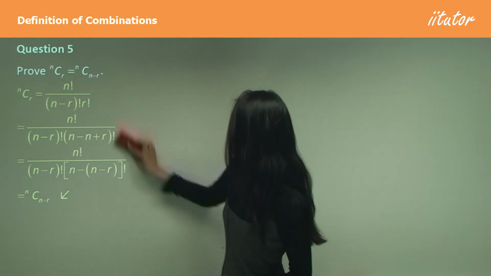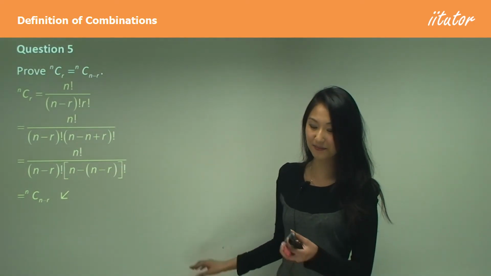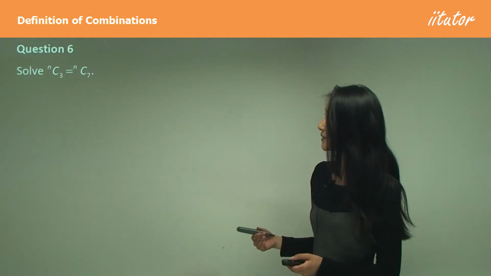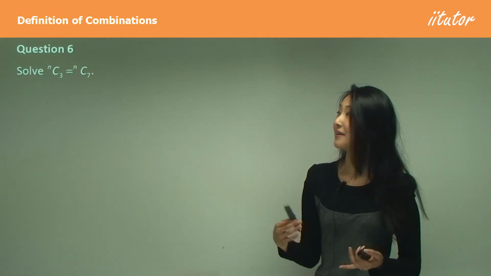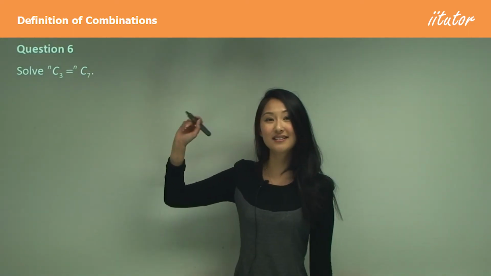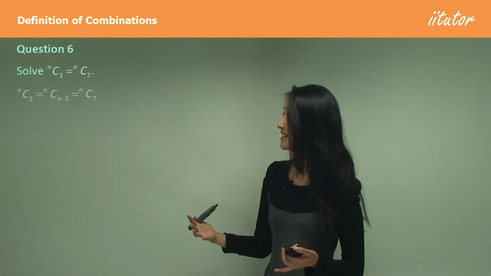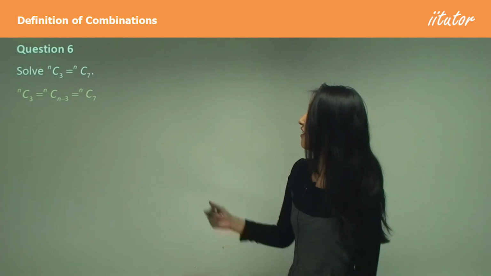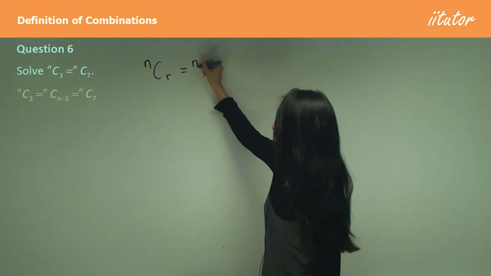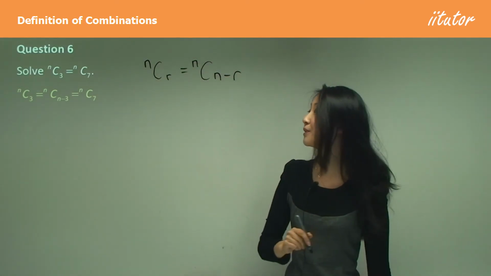Now, why this is useful is sometimes it does help you to solve other questions. So for example, in the next question, here we want to solve nC3 equals nC7. We can write it all out, but an easier way to do this is to know that nCr equals nC(n minus r), which we just proved.